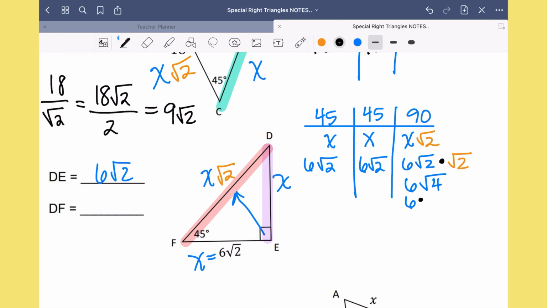So remember there's a multiplication sign there. We just can't see it. What is 6 times 2? 12. So my hypotenuse is how long? 12. So these were my answers. So DF is 12 right here.